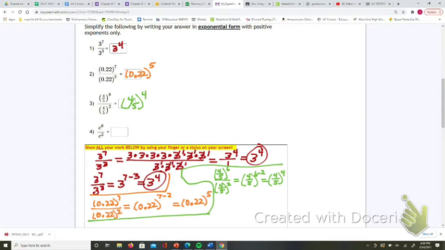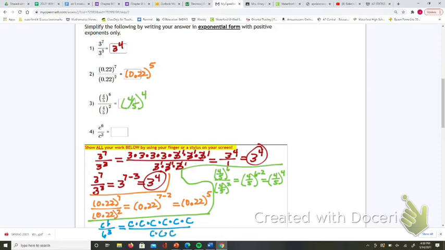Okay, and then the last one, we're going to show our work on the last one. So we have c to the 6th over c to the 3rd. So that's c times c times c times c times c times c over c times c times c.